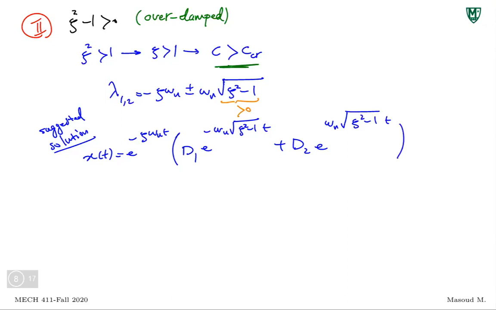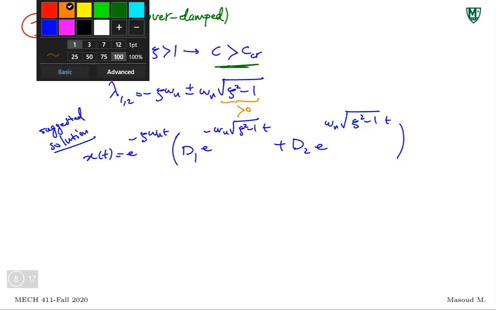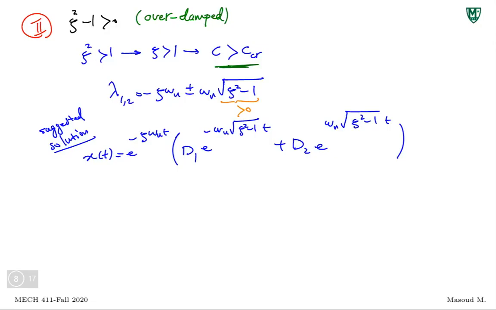This would be your general form of the solution, or the system response. Keep in mind, this is the system response when we have an overdamped system.